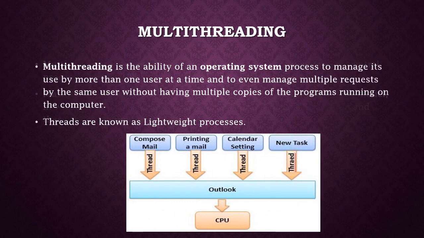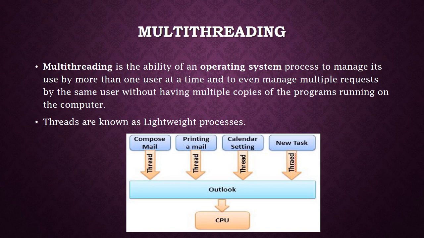The next concept of operating system is multithreading. A thread is a flow of execution through the process code with its own program counter that keeps track of which instructions to execute. A thread is also called a lightweight process. You can also say that a further division of a task is a thread.